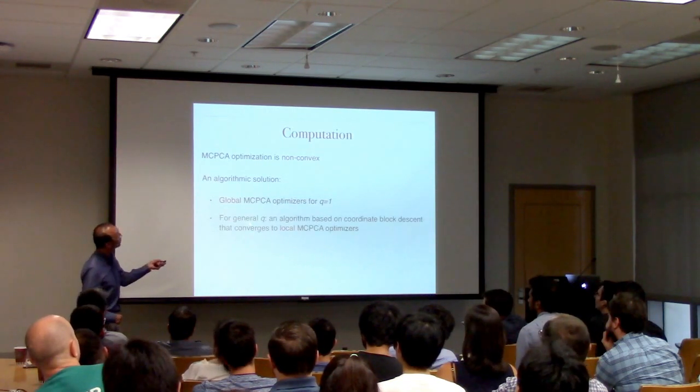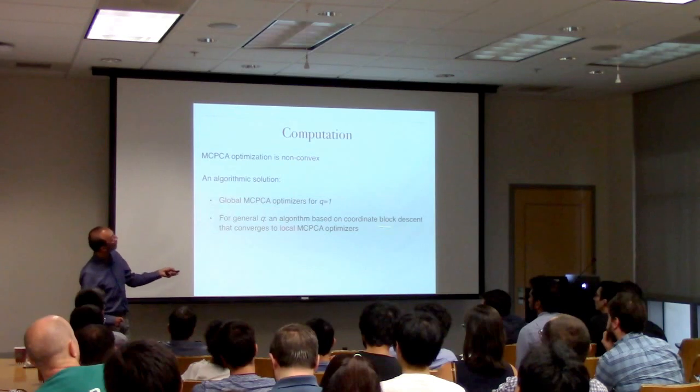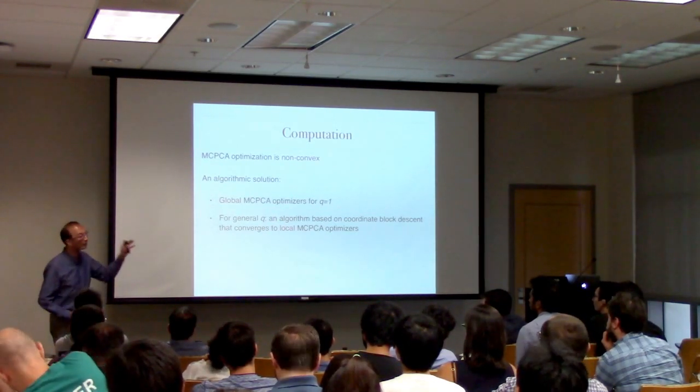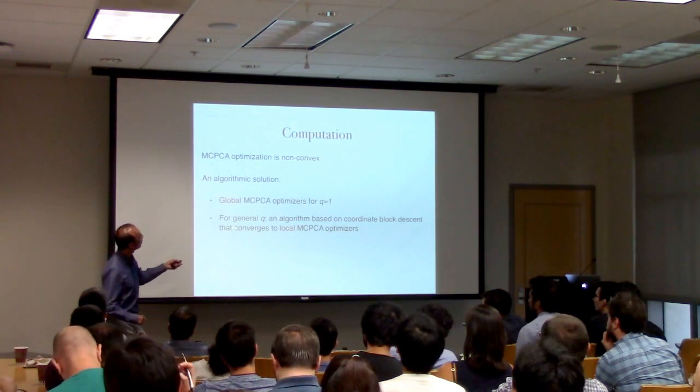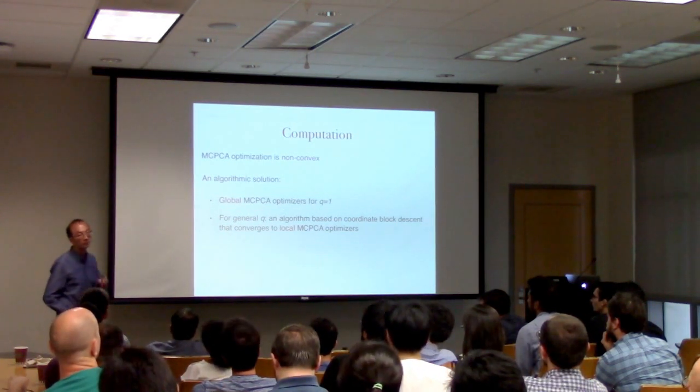However, for general Q, we have not solved this problem completely. We've only been able to get an algorithm to converge to a local optimizer. So the results I will show empirically are under this local optimization. Potentially, if you have a better algorithm, you could get better results.